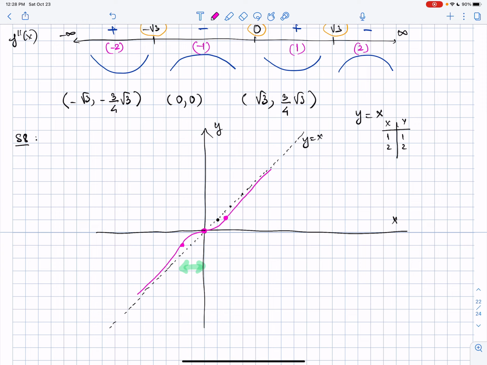And we also have to draw the graph approaching the asymptote. And the graph shows that it is always increasing. And of course, if we want a more exact, better graph, we will make additional points.